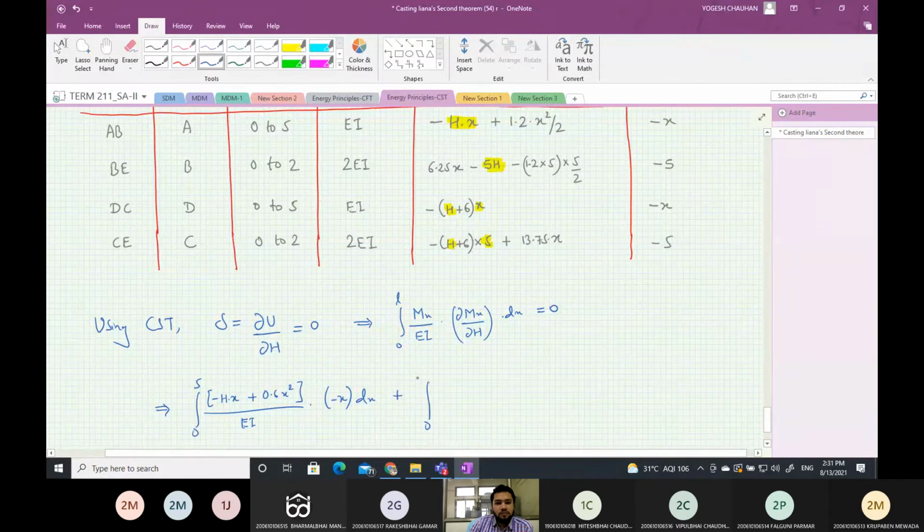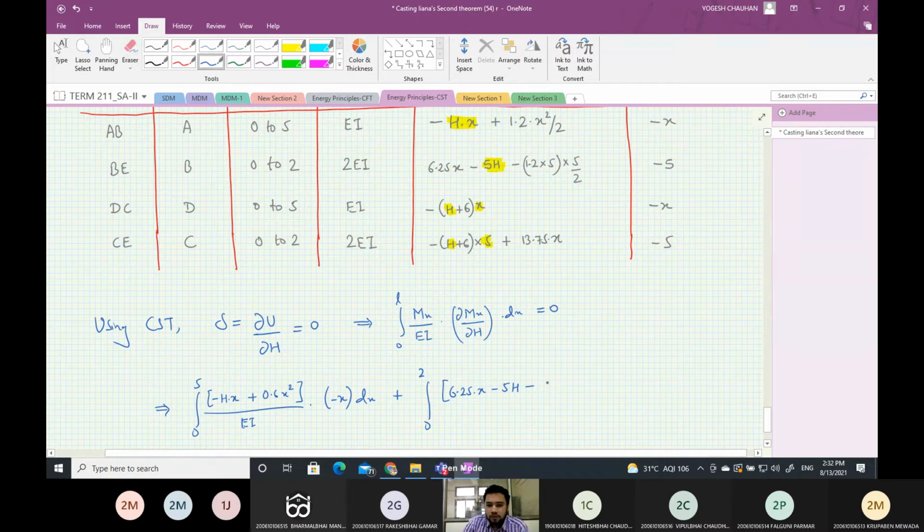Now the second term, 0 to 2, this limit. The moment equation is this: 6.25x minus 5h minus 1.2 into 5 square by 2, that is 15.